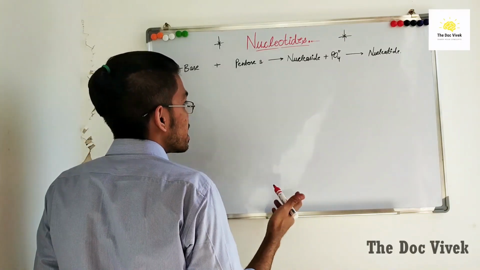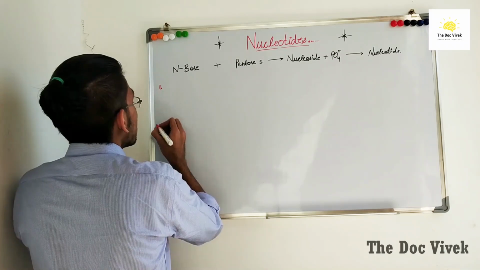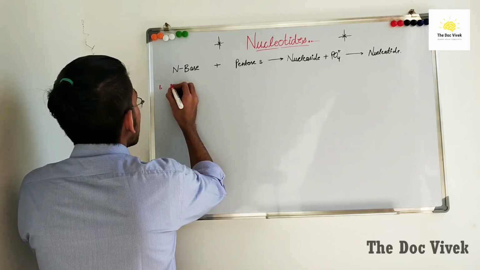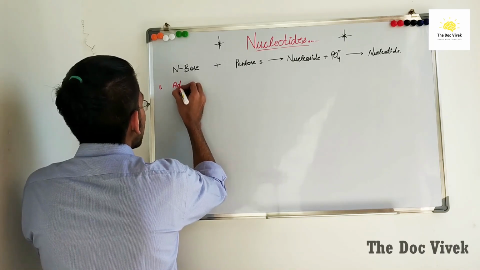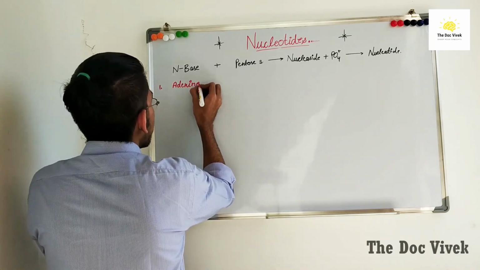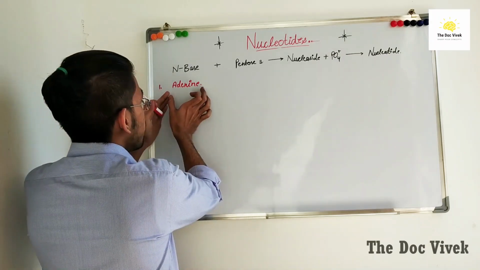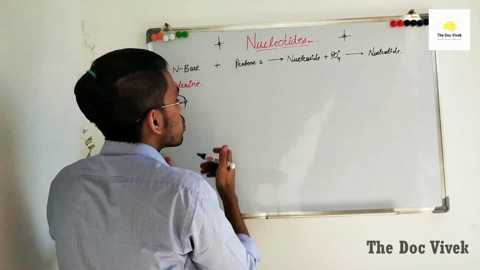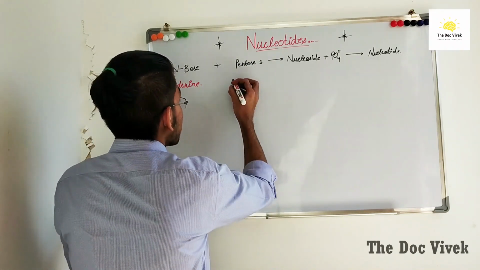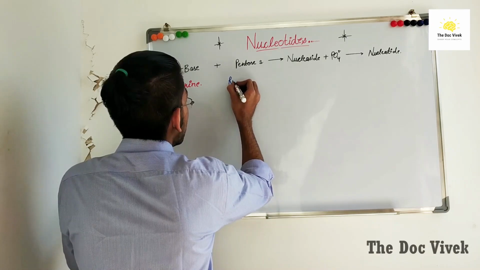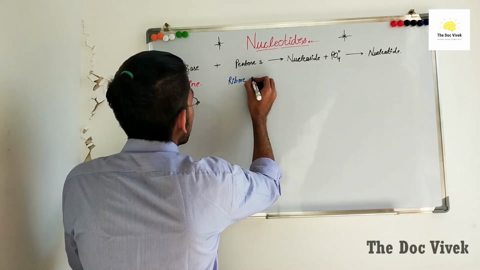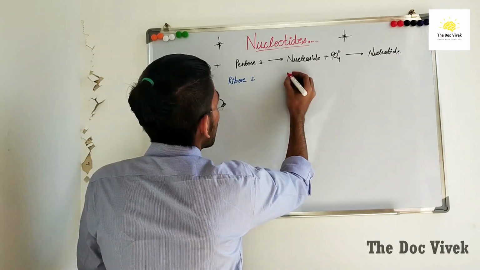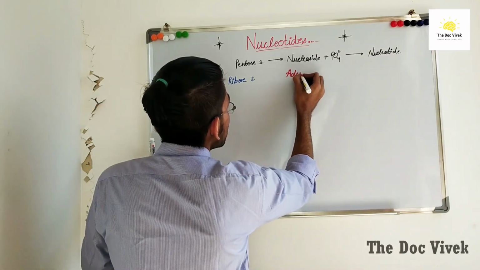There are 4 ribonucleotides. First one is on the basis of nitrogenous bases. For the nitrogenous base, first one is adenine. If on the adenine we add a pentose sugar, the pentose sugar will be, yes, the ribose sugar, then it results in the formation of adenosine.